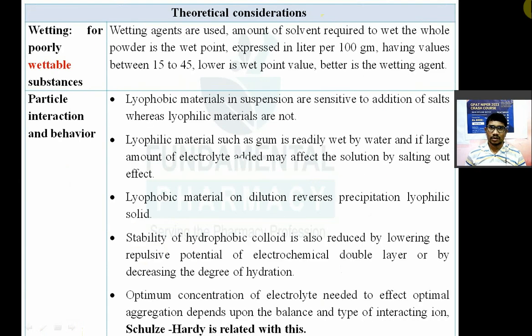Next is the theoretical consideration. We have already covered a lot of things in the colloids, but again, wetting for poorly wettable substances. A wetting agent is used. The amount of solvent required to wet the whole powder is the wet point. So we use a wetting agent, which will decrease the wetting angle.